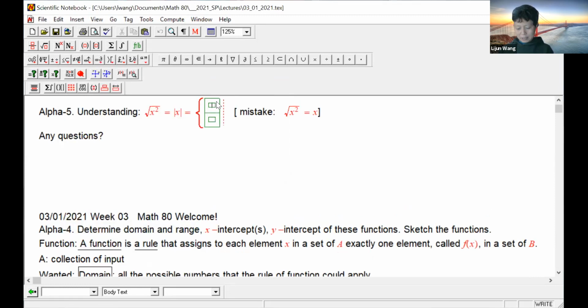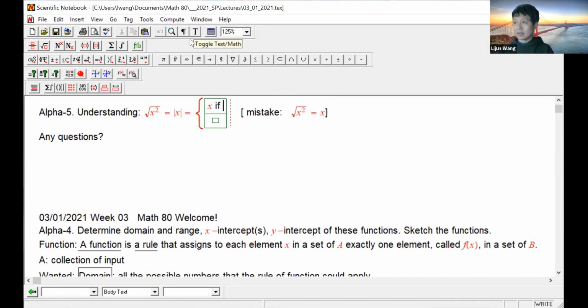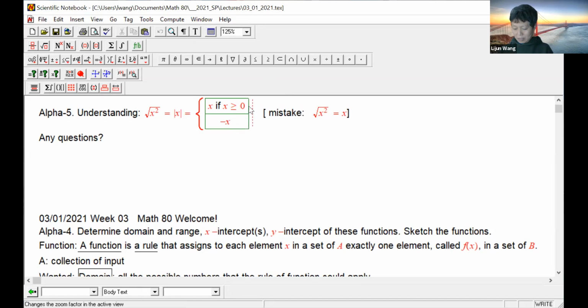One is x if x is greater than or equal to 0, and the other piece is negative x if x is less than 0. What does this mean?